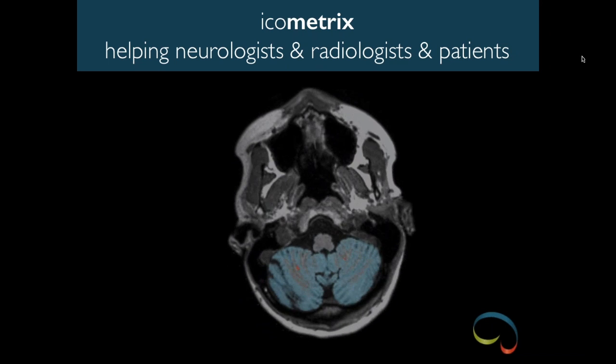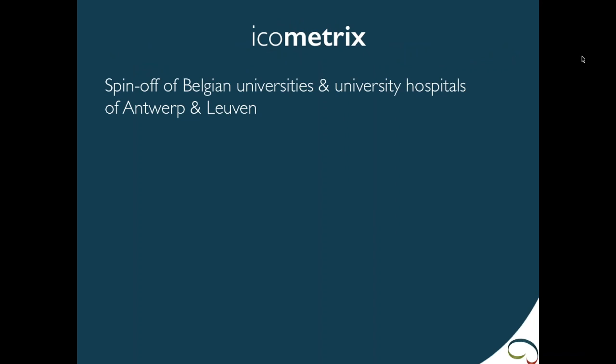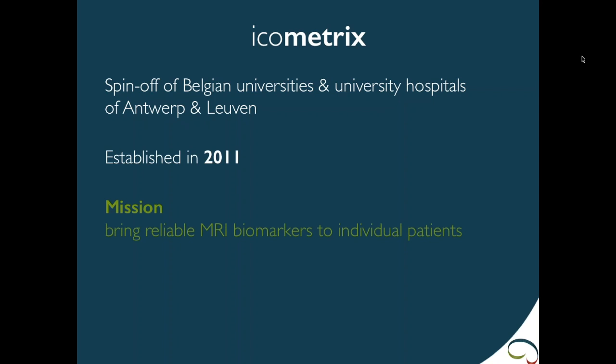So very briefly about icometrix, which is a spin-off company of two Belgian universities and university hospitals: the Antwerp University Hospital, Antwerp University, and the Leuven University. It was established in 2011, 5 years ago, and the mission of icometrix from the start was to bring reliable MRI biomarkers or measures to individual patients, and to translate all the work that has been done in research to meaningful measures that can be used in clinical routine practice.